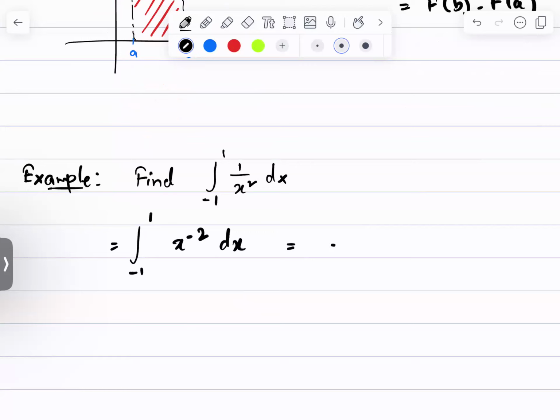And then we know that this is basically minus x to the minus 1 and the limits are minus 1 to 1. So if you put the values in, you'll get minus 1 over 1 and then minus of minus 1 over minus 1.